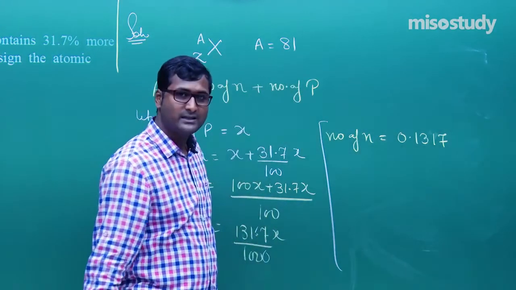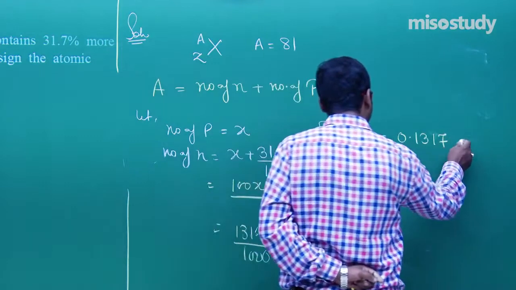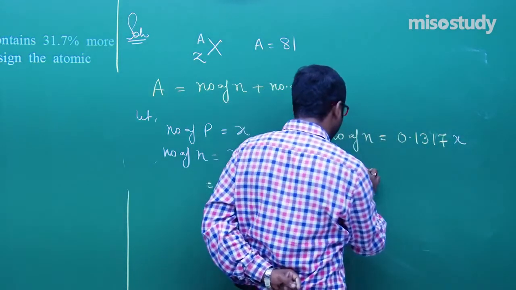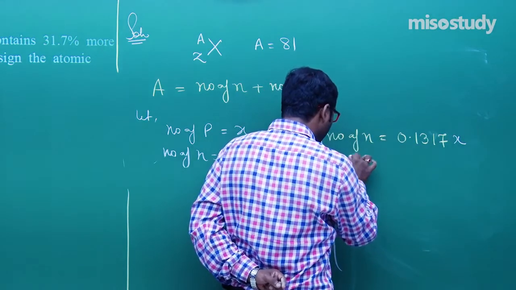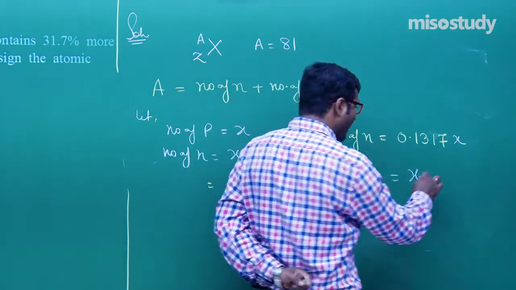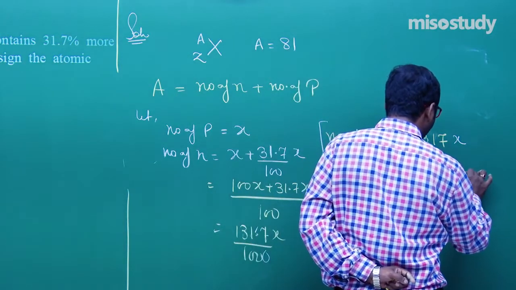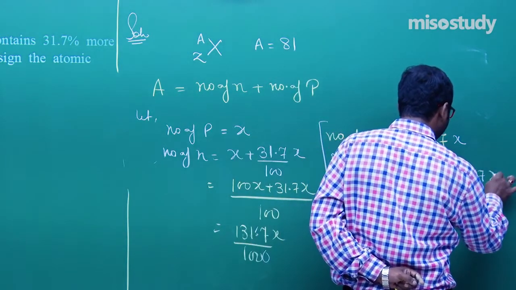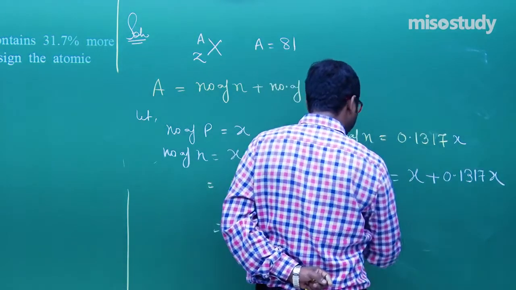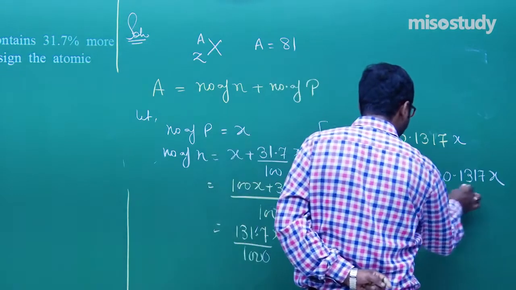Now what to do in this case? As we know, A is given. A is equal to number of protons, X, plus number of neutrons, 0.1317X. Clear to you? And what is A? That is 81.